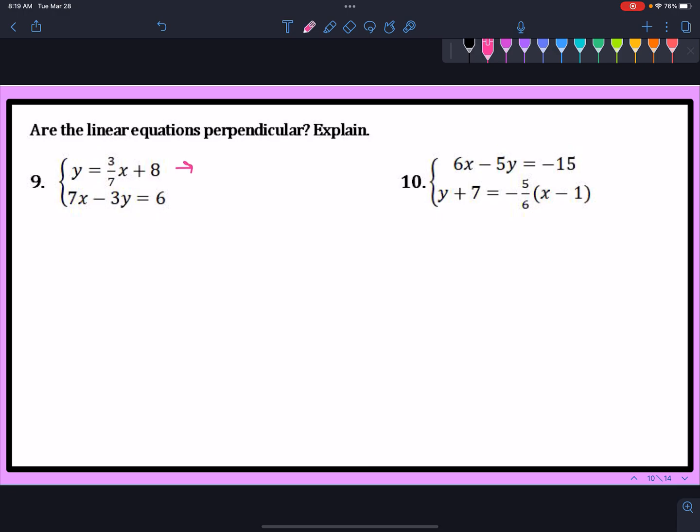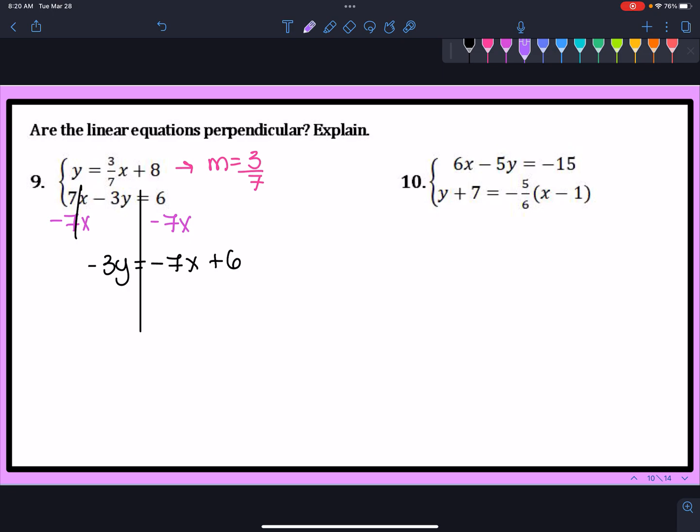Okay, I notice here that my slope is equal to 3/7, and I need to solve here. I am going to subtract 7x on both sides, and I get negative 3y is equal to negative 7x plus 6.